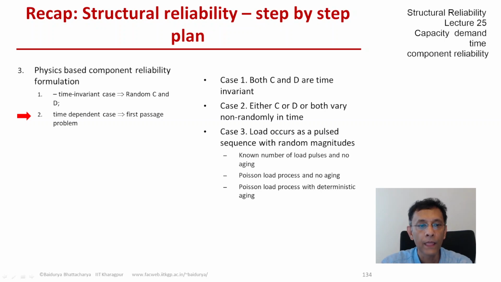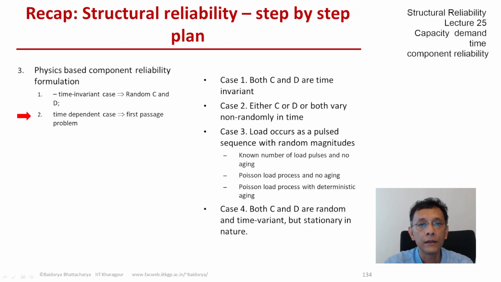Then we are going to look at a more interesting case where the loads occur as pulsed sequences with random magnitudes and random occurrence times as well. We'll include aging there as well. And in the end, we are going to look at the more advanced case of both C and D varying randomly in time, and then see what conclusions we can draw from that.